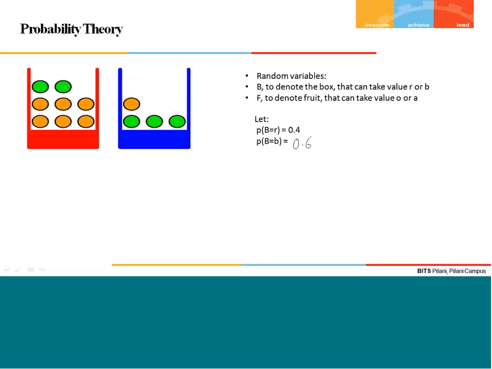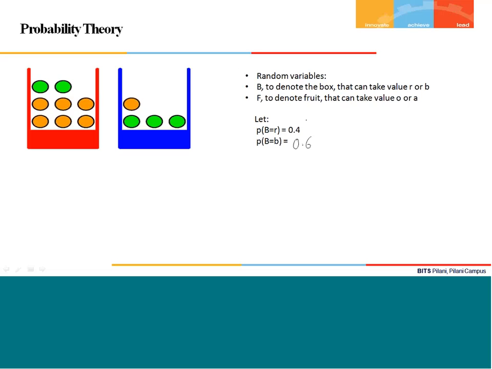Shouldn't it be 0.5? See, this is how I defined it, so don't question it as an example. It could be possible that the red box is a little farther from me, and the blue box is closer, and I am a little lazy always. So I will prefer the near box 60% of the time rather than the farther box.